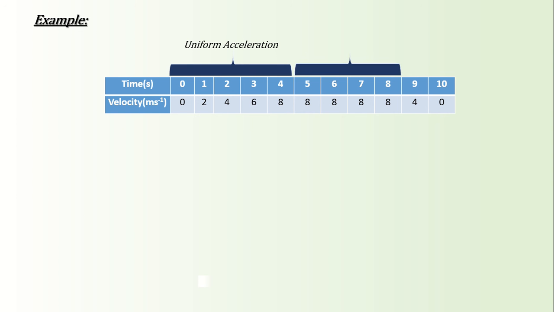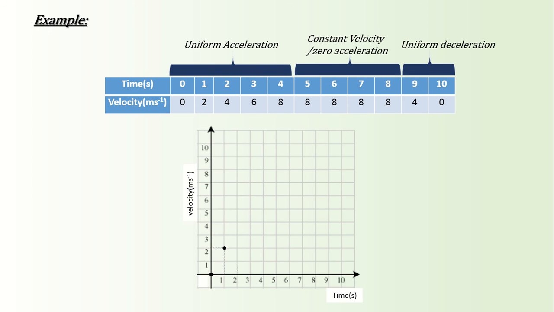In this interval, velocity remains constant and acceleration is 0. In the next interval, from 8 to 10 seconds, velocity decreases to 0. Here, the body has uniform deceleration. The graph for the motion is given as follows. This graph represents the motion of the body.